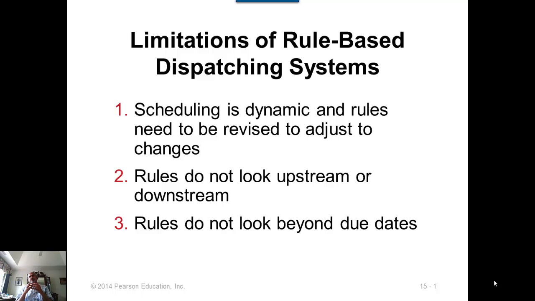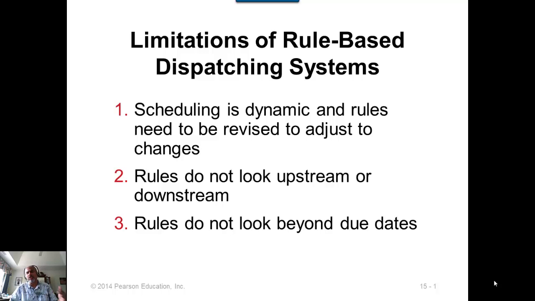Also, as I mentioned earlier, the rules are about what jobs are available at a given workstation and how much resources are needed at that workstation. It doesn't look further downstream or upstream to see when the jobs are coming in and what resources are needed in other work centers. So it doesn't take into account all of those interrelationships among workstations. To that extent, it could be a limitation.